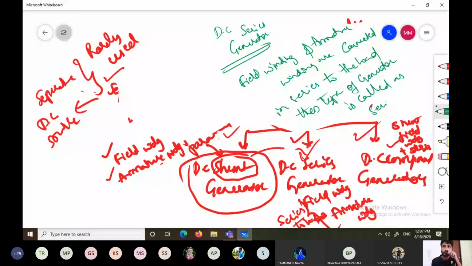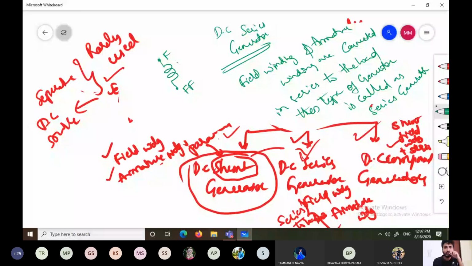Any doubts? This is the representation of the field winding. Basically, the field winding has two terminals, represented like this. F and FF are the terminals of the field winding. This is the series field winding, which has a resistance called RSC.